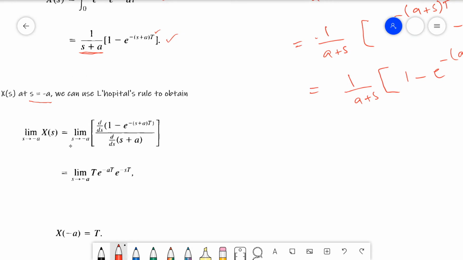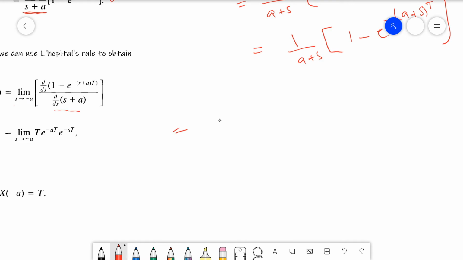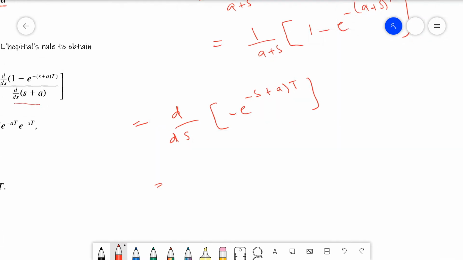So as s approaches minus a, if we take the derivative of the numerator and the denominator as well, the denominator will be 1. So if we differentiate this part, d by ds is minus e raised to the power minus (s plus a) into capital T. We can separate e raised to the power minus sT and the other term. These are minus e raised to the power minus sT into e raised to the power minus aT.